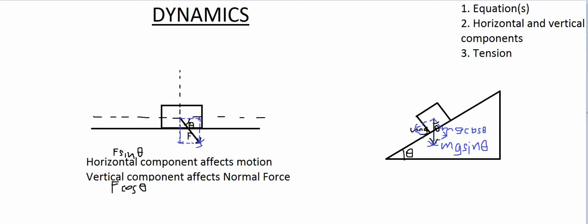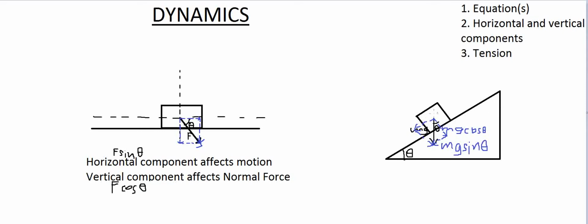These are the magnitudes of the two forces. Let's say this block is not moving; it basically means that friction has the same magnitude as mg sine theta.